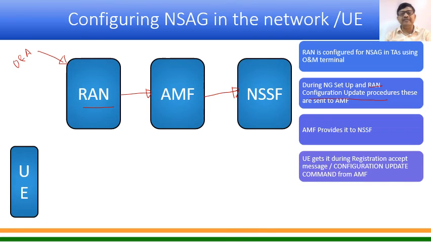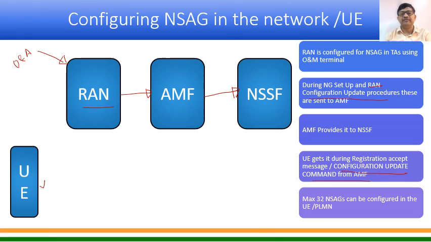And how does the UE get it? The UE should also have information about NSAG. During the registration process, when the registration accept message comes to the UE, it gets the NSAG detail in that message. Or there is a configuration update command from AMF, which AMF can give to the UE, and in that this NSAG information can be given to the user equipment.